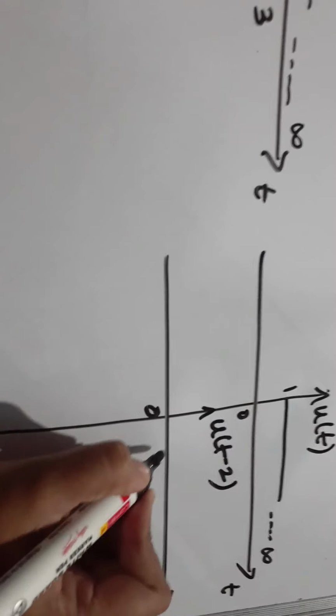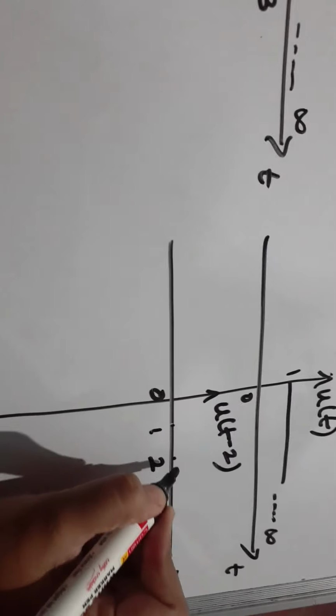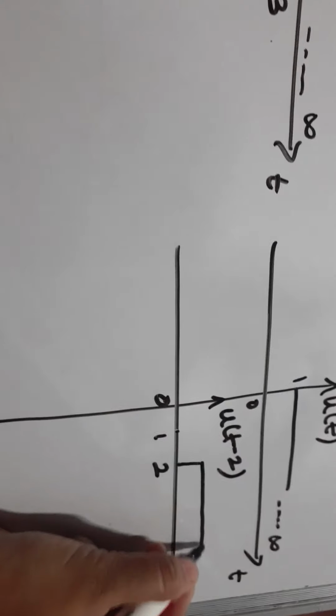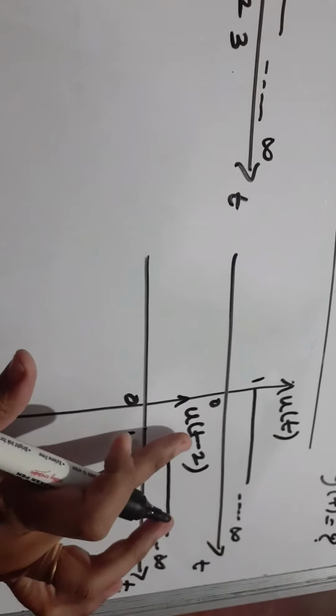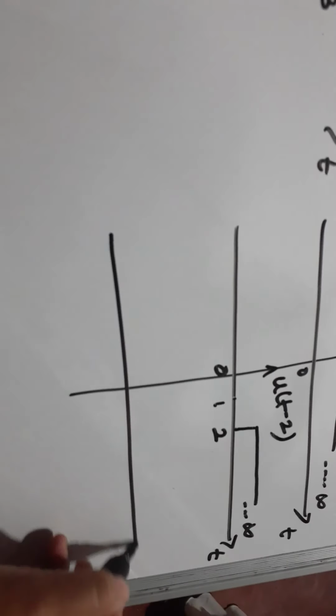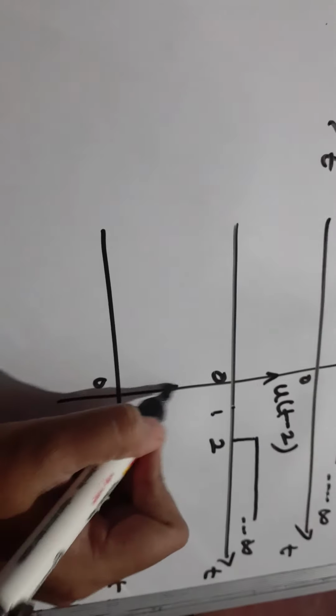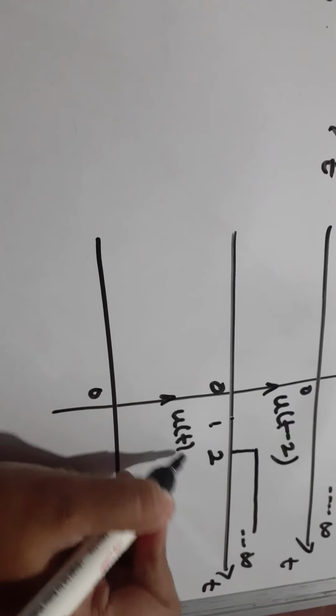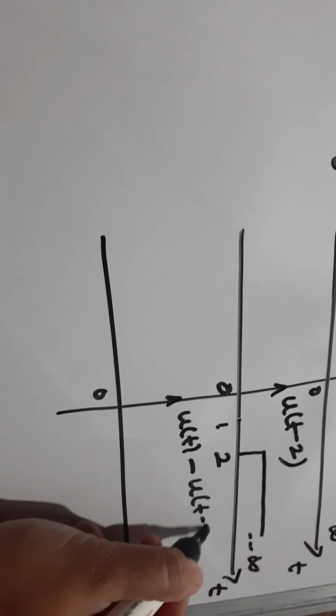And u of t minus 2 starts from 2 and extends up to infinity. Now u of t minus this, if you subtract, what will be the signal?